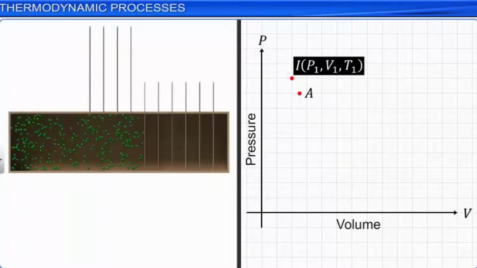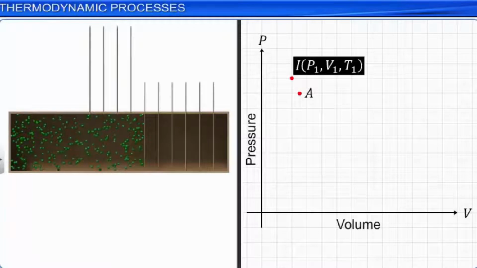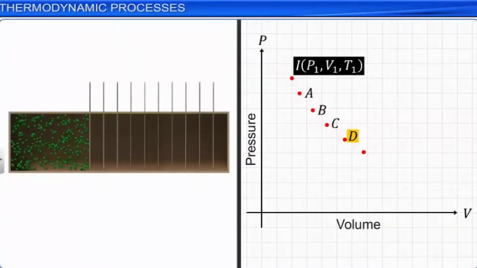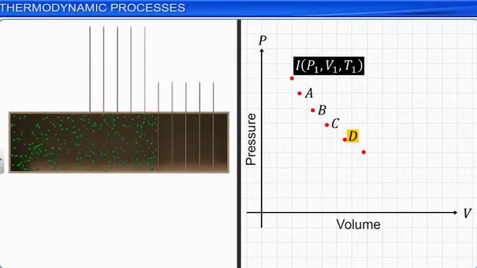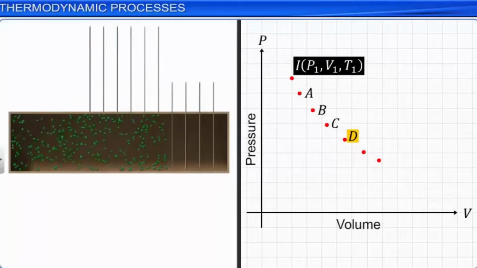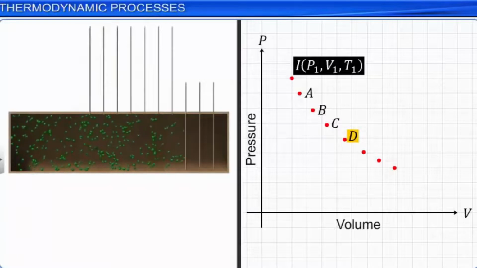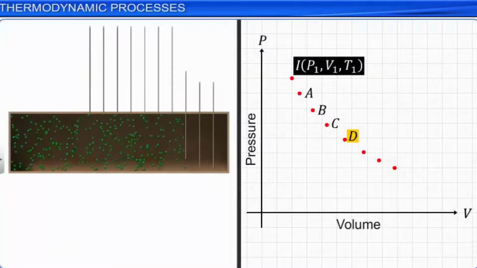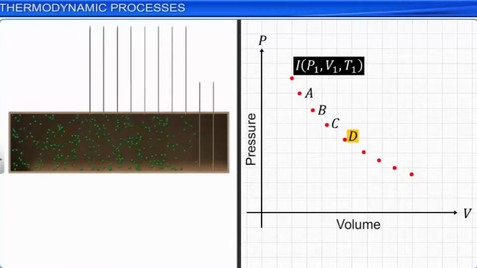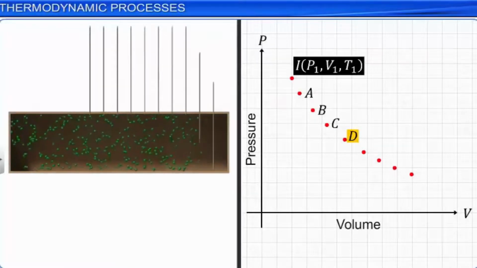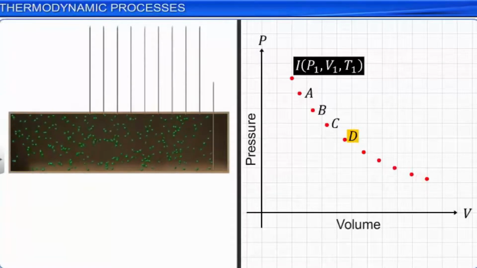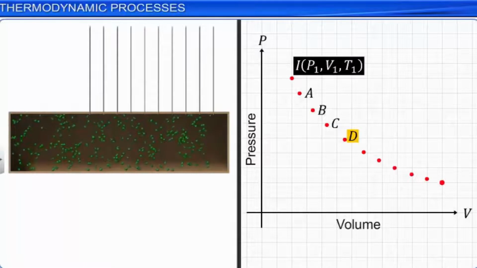These different equilibrium states can be represented in a PV graph by points B, C, D, etc. When all the remaining partitions are also slowly removed one after the other, the gas passes through different equilibrium states and attains its final equilibrium state P2, V2, T2.